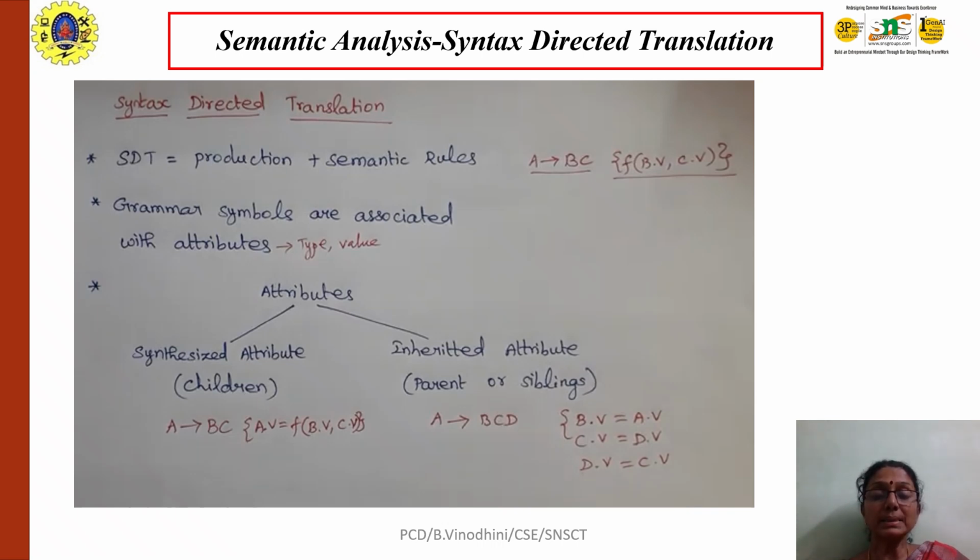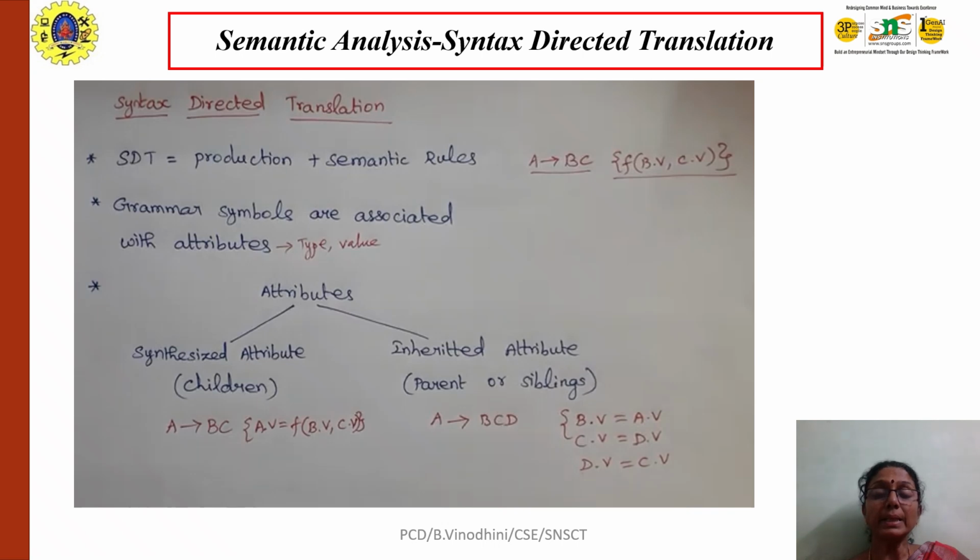What is a synthesized attribute? For example, you have A tends to BC, and the A dot value is obtained from the B dot value and the C dot value. So the parent value is computed from the child values. That is a synthesized attribute. Next are the inherited attributes. The variable's value is computed either from the parent or the siblings.